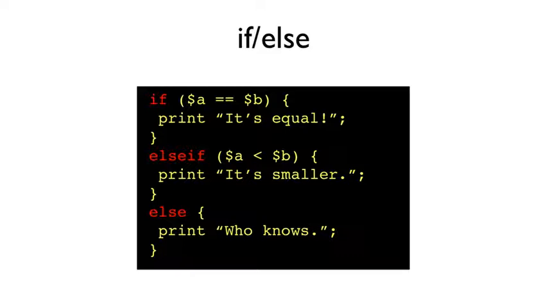If the values of A and B aren't equal, then it'll check the next conditional, which is the else if A is less than B. So if the value of A is in fact less than B, then we will print "smaller." Finally, if none of the previous conditions are true, we'll fall back to the else statement, which will just print the text, "who knows."